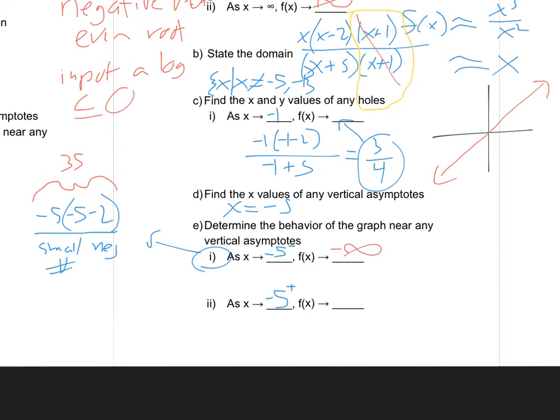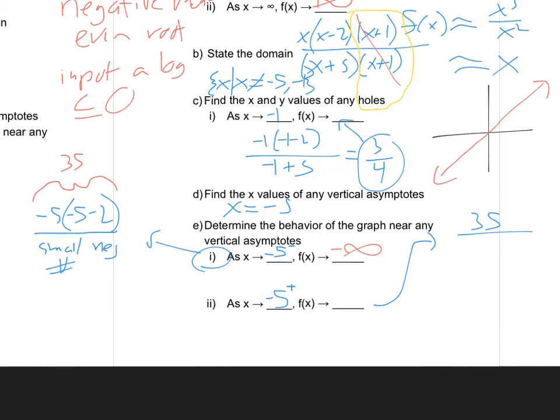Same thing on the right-hand side. The numerator is still going to go to 35. Now, again, the closer the number I plug into 5, the closer that numerator will be to 35. And then the denominator, the closer the number I plug into 5, the smaller that output will be.